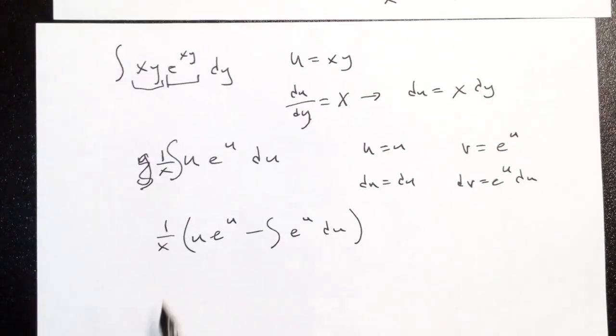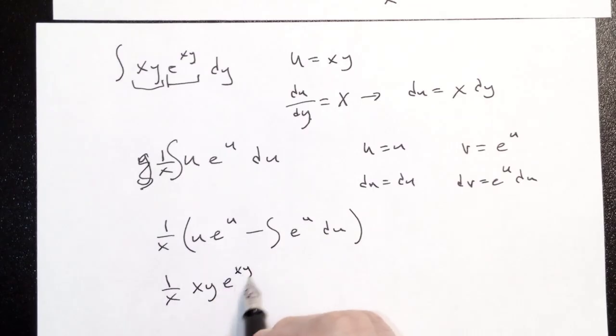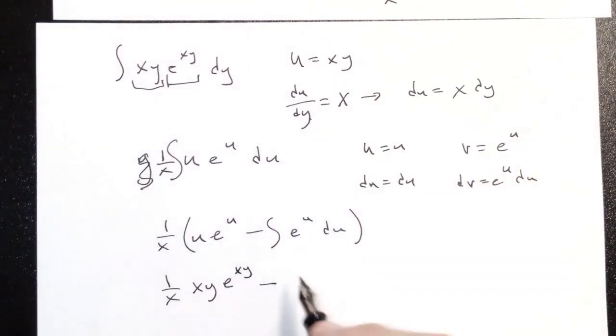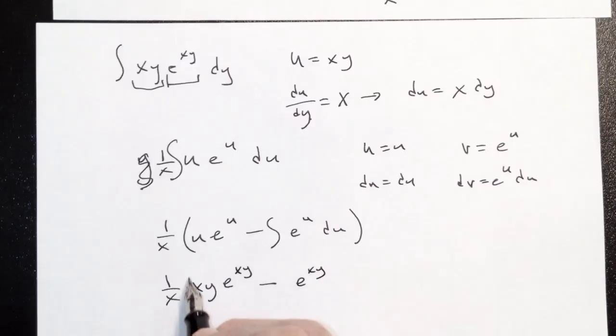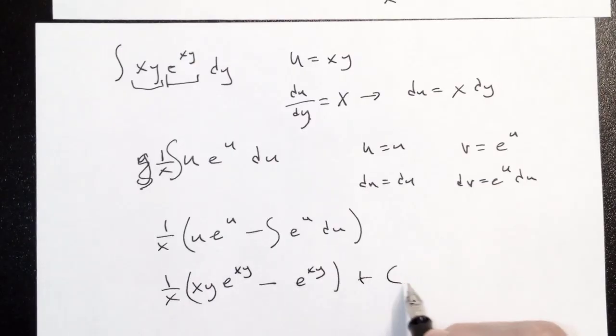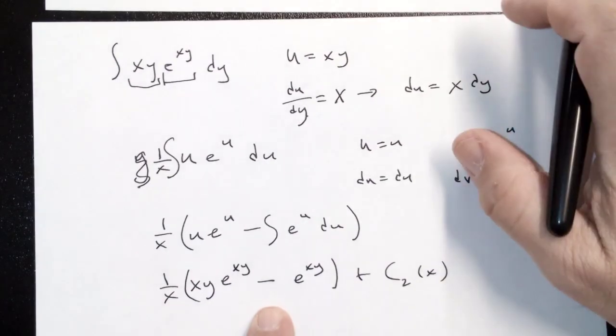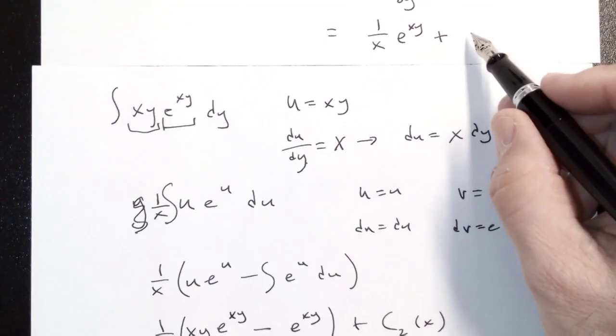which gives me 1 over x times xy e to the xy, minus the integral of e to the u is e to the u, e to the xy. Plus c. So far, so good. But this gets added here, right?